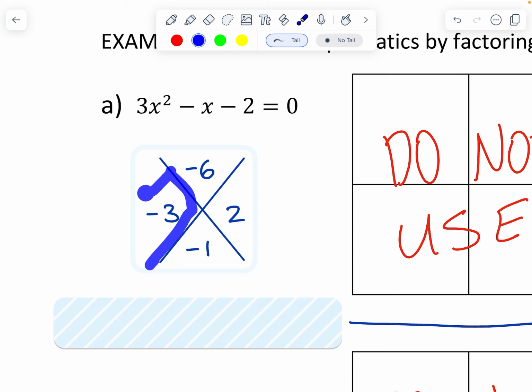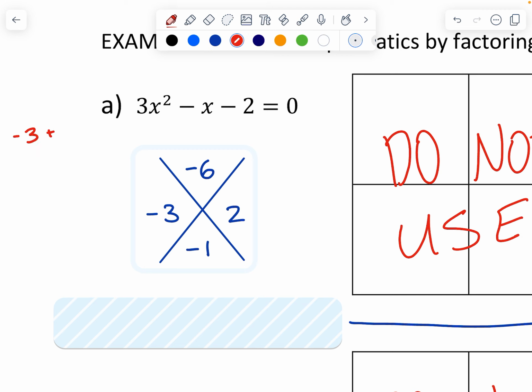That's got to be -3 and +2. Make sure that you're not flipping which one's positive and which one's negative. Right? -3 plus 2 will get me -1. However, +3 minus 2, or plus -2, would get me +1, which is not what I want.